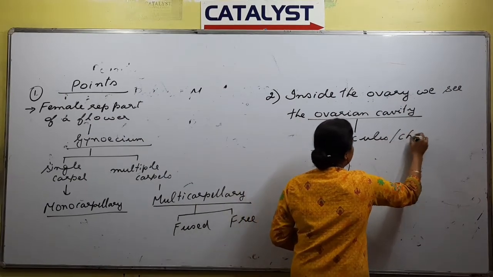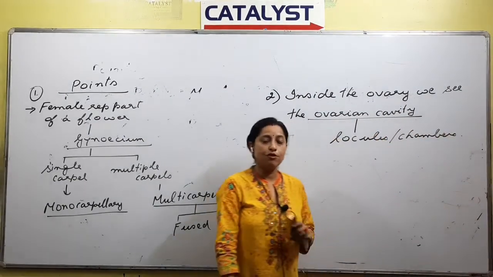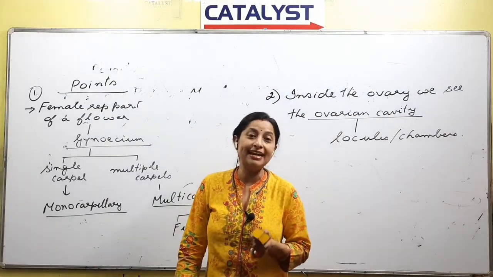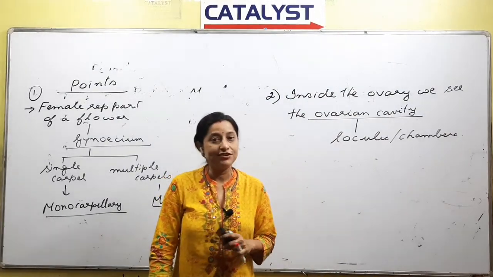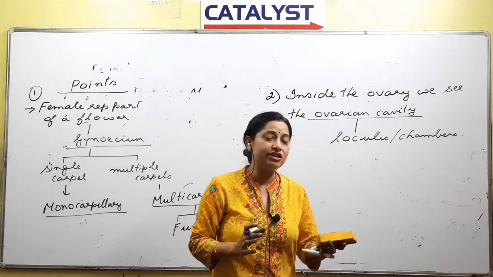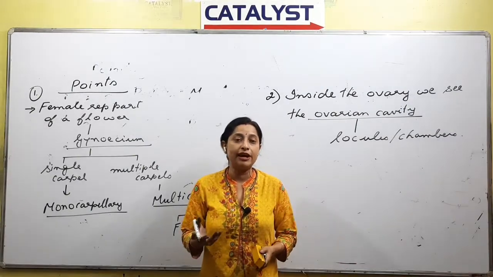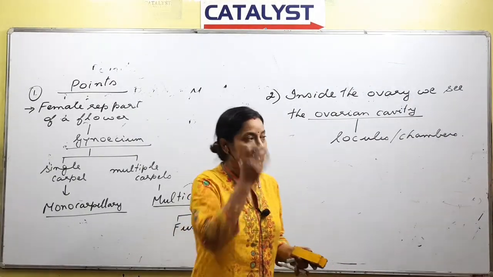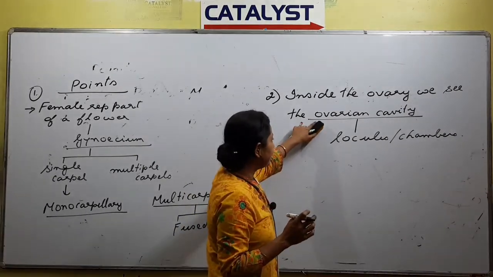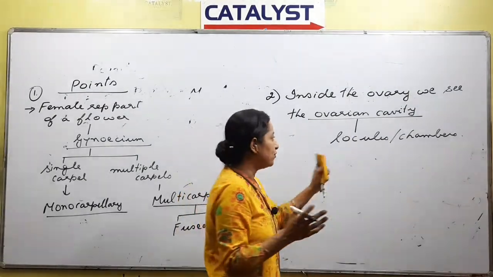If you remember placentation from the morphology class, we talked about how the ovary is divided into certain chambers, and these chambers are called locules, and in these chambers you would find the ovules. The inner portion of the ovary is called the ovarian cavity, and the ovarian cavity has some chambers or locules.